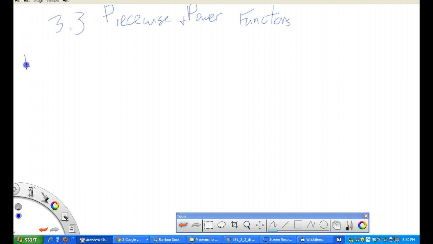So a piecewise function basically has your domain split up into multiple parts. So it's defined differently on different parts of the domain.